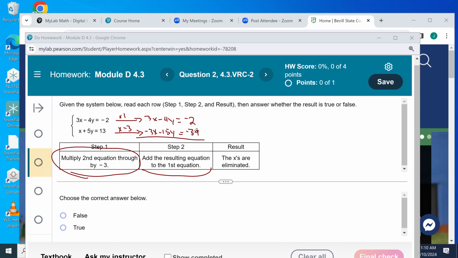And then when I add them up, these guys go away. I wind up with -19y equals -41.